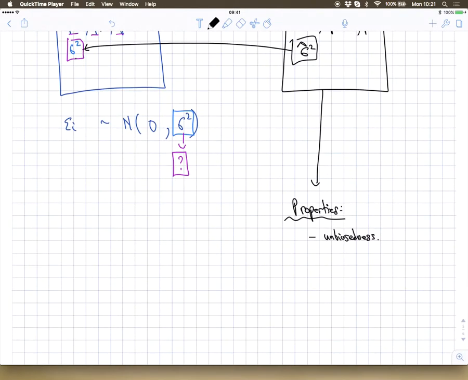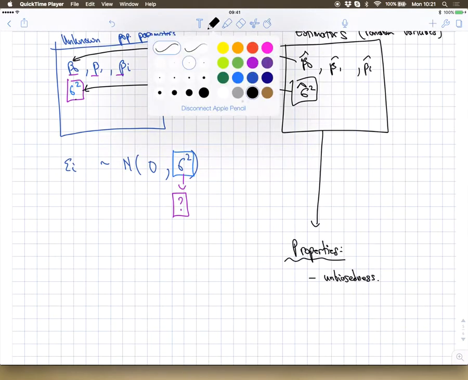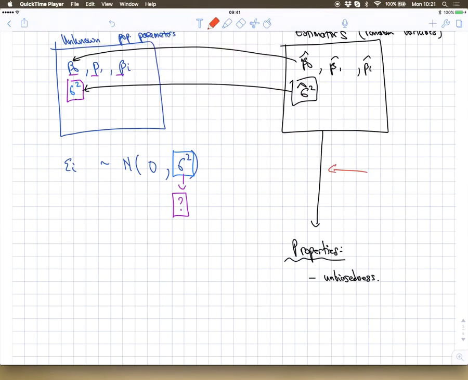The properties of the estimator will very much depend on what? What will determine the properties of the estimators? Sample size? The sample size will of course be one of them, possibly, but the sample size will determine the behavior of the estimator, not necessarily the properties of the estimators, okay?